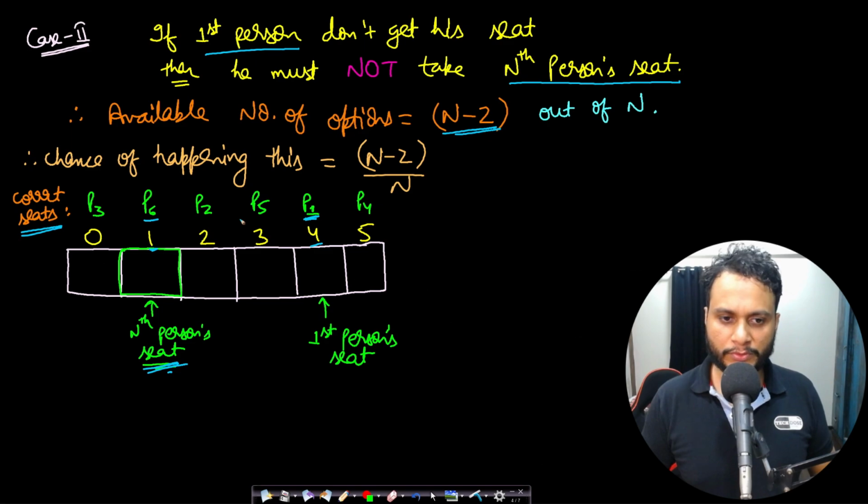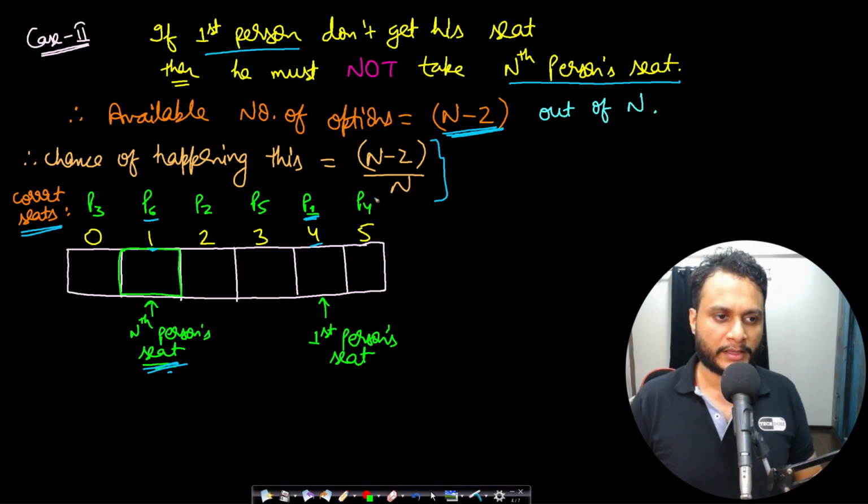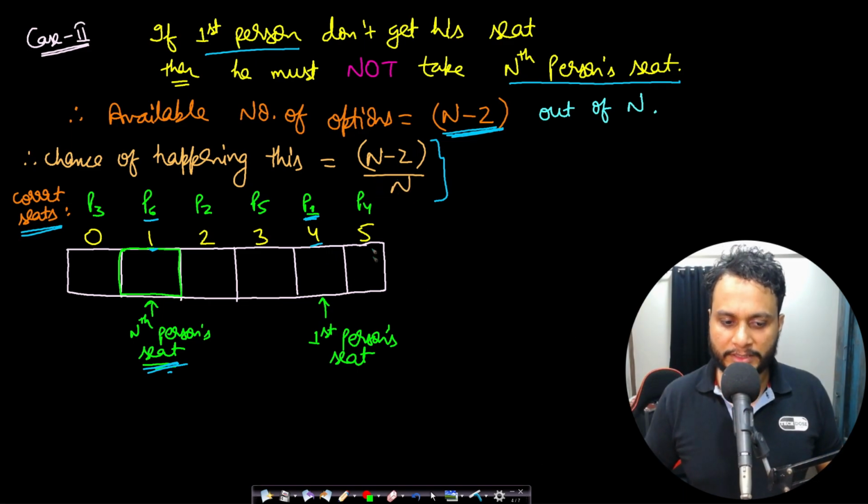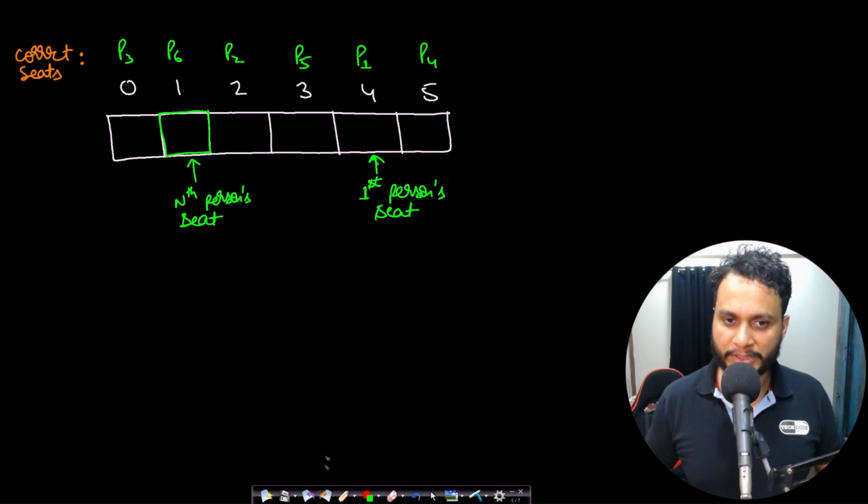So how many options does he have? Initially you have n seats, so 2 options are removed, so the total number of options will be n minus 2, and the chance of any seat getting assigned out of these n minus 2 seats will be n minus 2 by n, okay? So let's see a dry run and understand how the probability calculation actually works here.